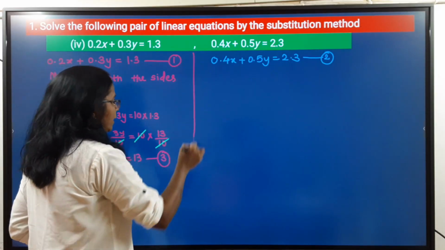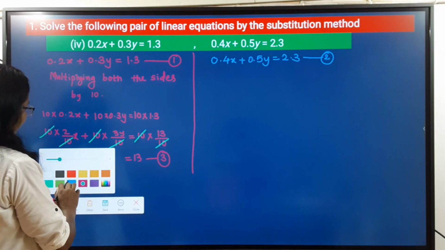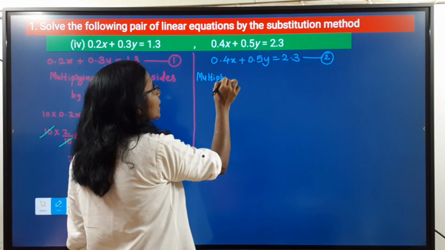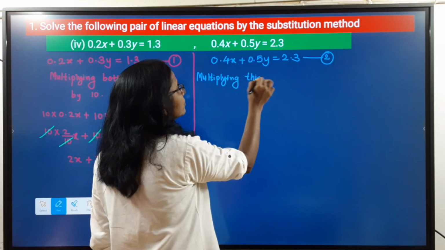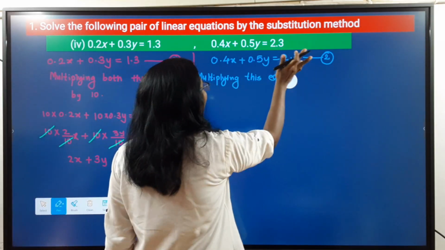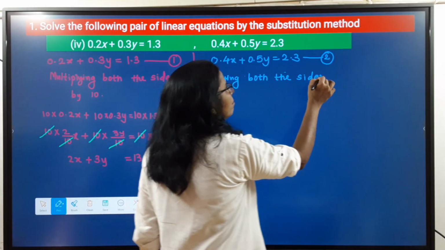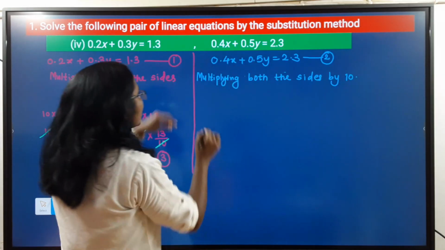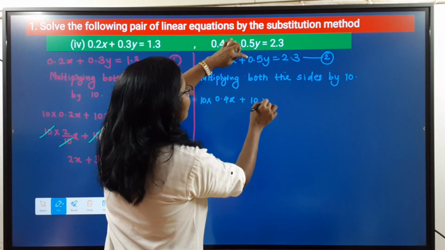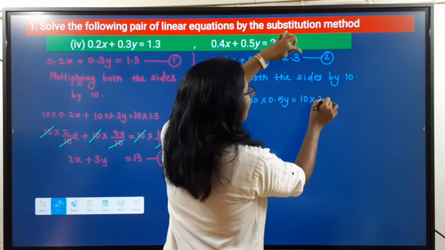Now further I simplify the second equation. In the same way, multiplying both sides by 10. I write 10 multiply 0.4x plus 10 multiply 0.5y is equal to 10 multiply 2.3.